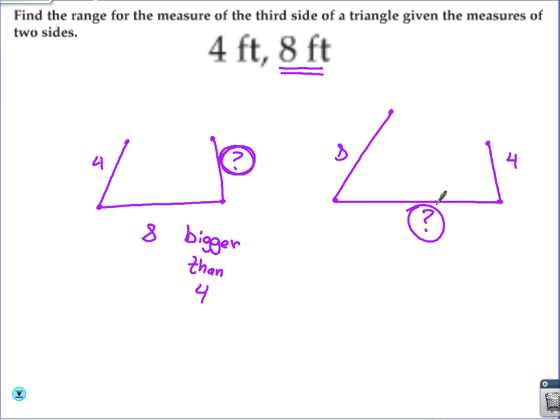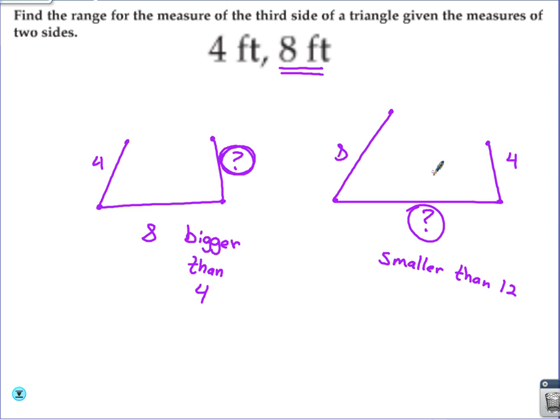If the bottom side was 12, would it form a triangle before it closed? No, but they would touch on that 12, wouldn't they? So what do we know about this bottom side? It must be smaller than 12. Because if it was 13, it closed. No triangle. If it was 12, no triangle. If it was 11.9, yes, it would be a triangle.